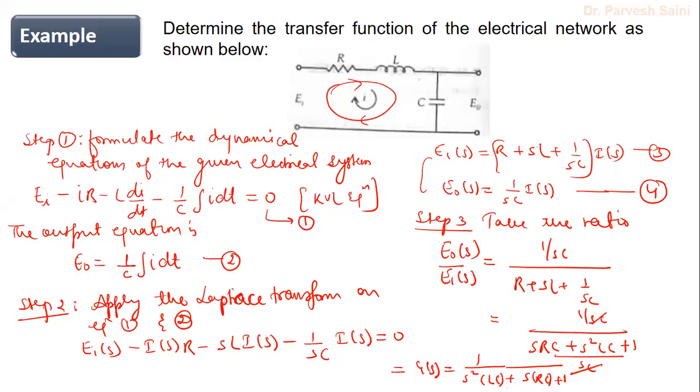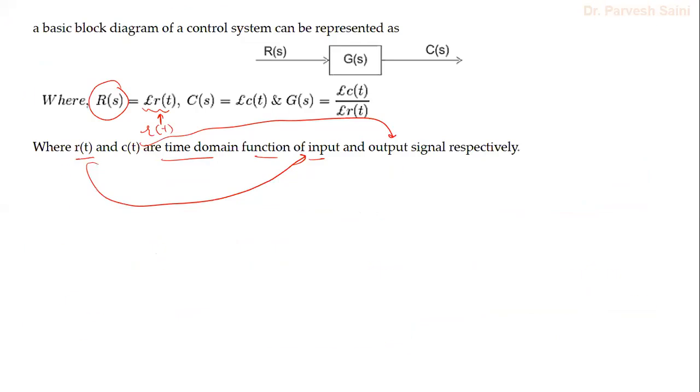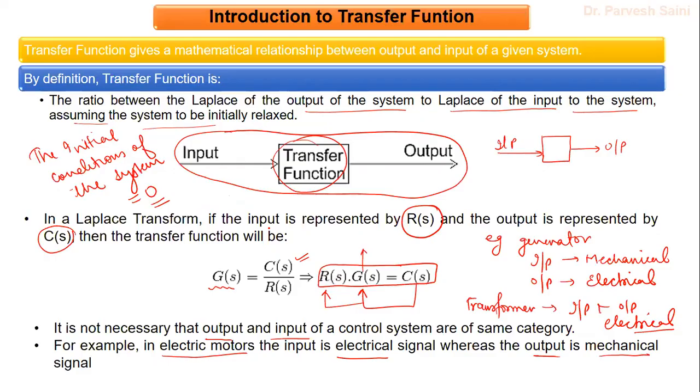Transfer functions have some limitations basically. Now, what is the limitation of transfer function? As you can see here, the system needs to be initially relaxed, right?